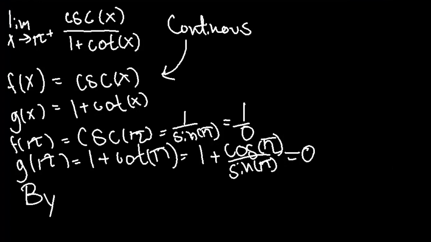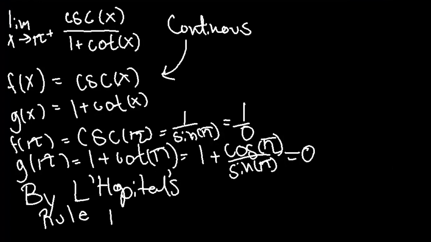By L'Hopital's rule, we have the limit as x approaches pi from the positive side of cosecant of x over 1 plus cotangent of x is going to be equal to the derivative of f of x over the derivative of g of x.